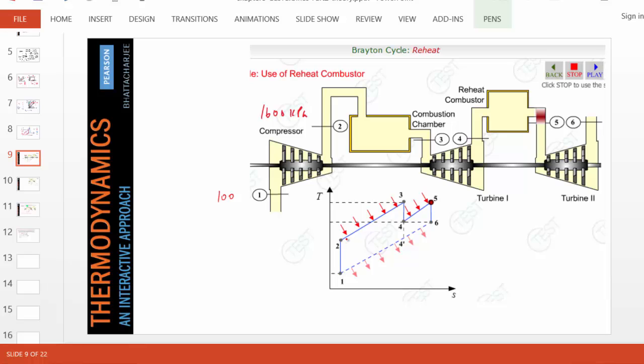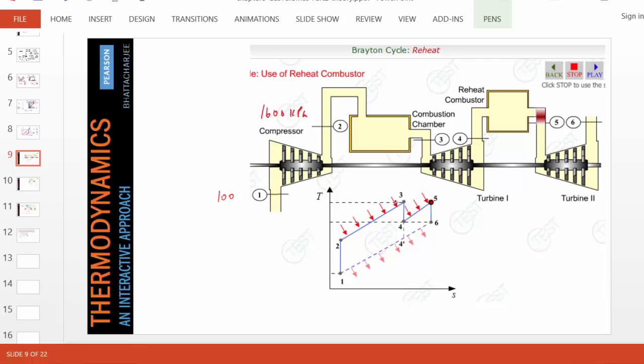From 2 to 3, constant pressure heat addition, at state 3 temperature is higher, the pressure will be remaining the same, 1600 kPa. And the average temperature of heat addition is somewhere between 2 to 3.